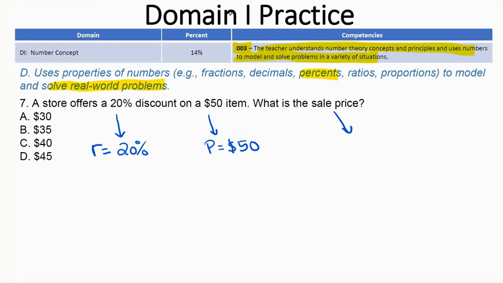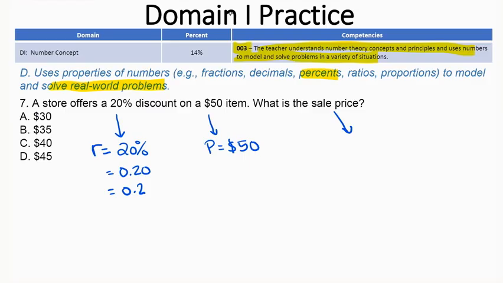Same application in real life, going to the mall, buying stuff. Okay, here we go. So the 20%, I need to convert this to a decimal, 0.2. So what I just need to do, the question is, what is the sales price?